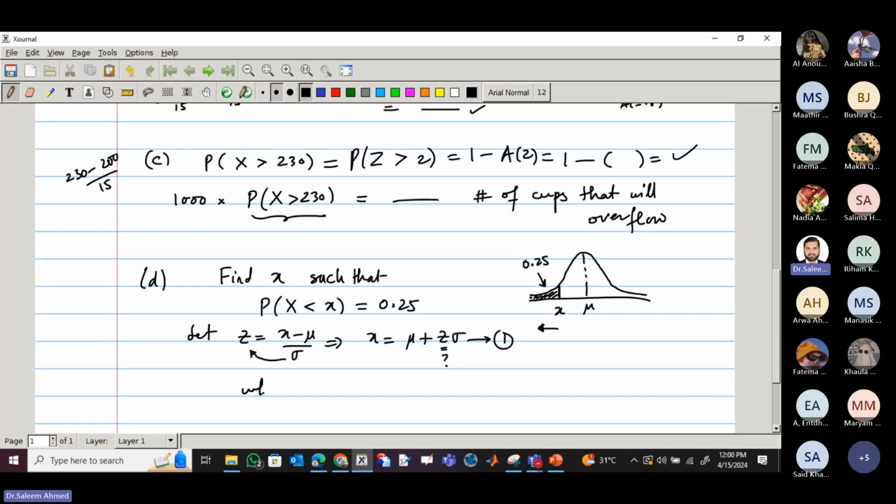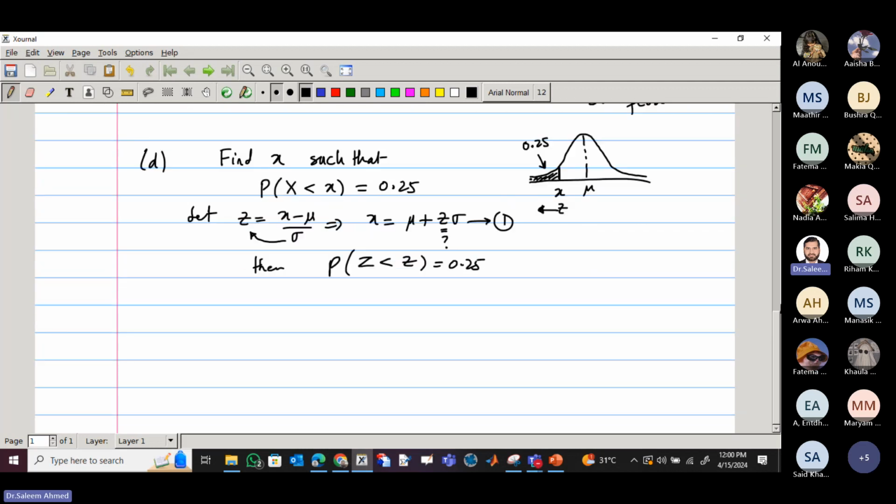If Z is here, then the probability does not change. If I write Z here, the probability will remain the same, 0.25. So I am looking for a Z whose area below it is 0.25.